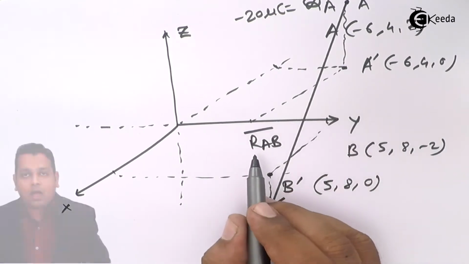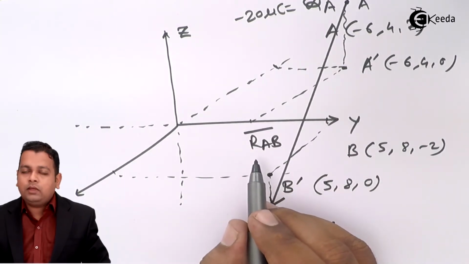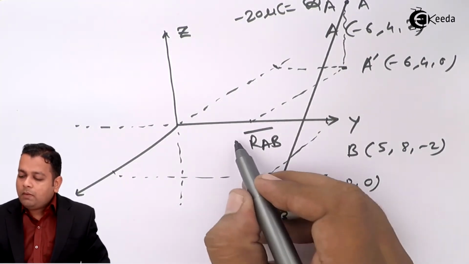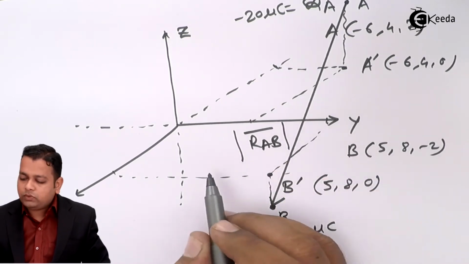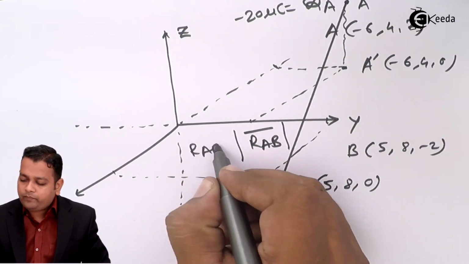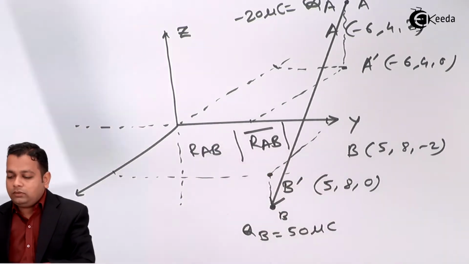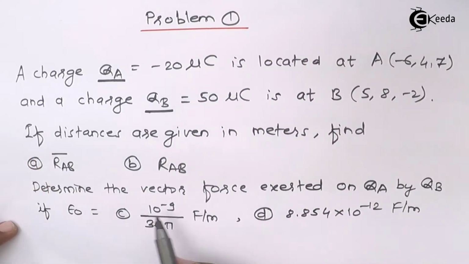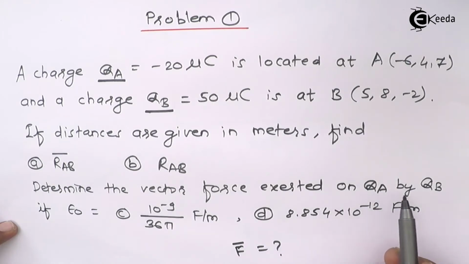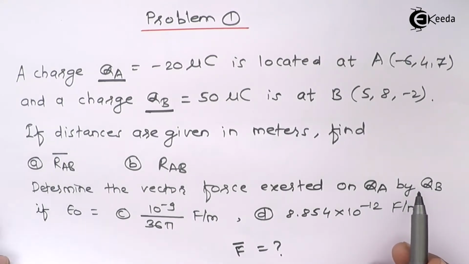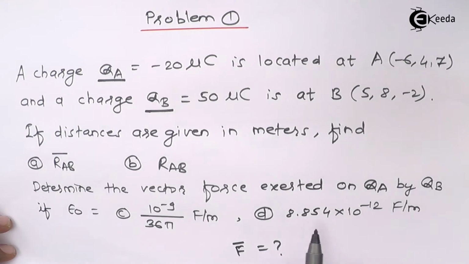In part A, we have to determine RAB bar. In part B, we have to find the magnitude of RAB bar, which will simply be written as RAB. Further, we have to determine the vector force F bar exerted on QA by QB, which we will find in a subsequent portion.